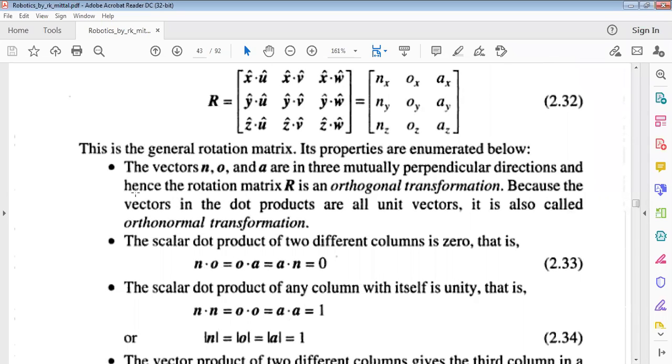Hence the rotation matrix R is called an orthogonal transformation matrix. Why is it an orthogonal transformation matrix? Because the vectors in this matrix, in dot products, are all unit vectors. So it is called an orthogonal or orthonormal transformation.